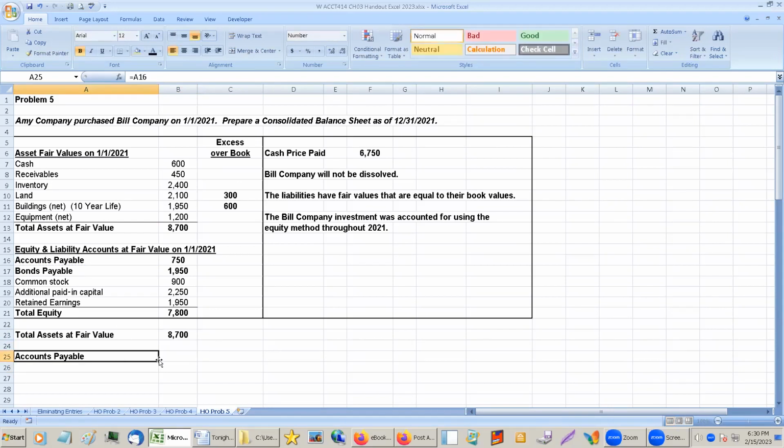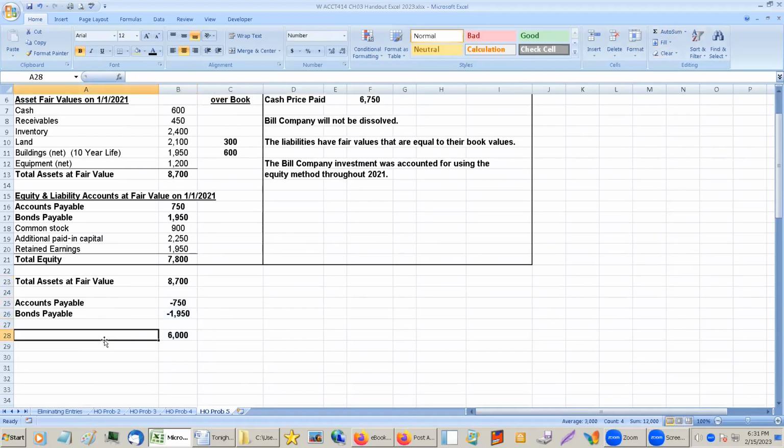And so basically you go, okay, well, how much in identifiable assets do we get? And then we have liabilities we got to pay off. So what are those?